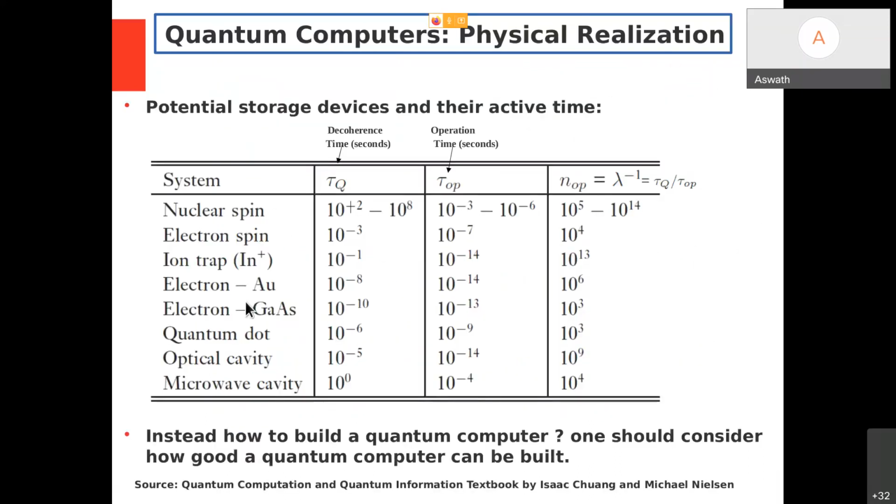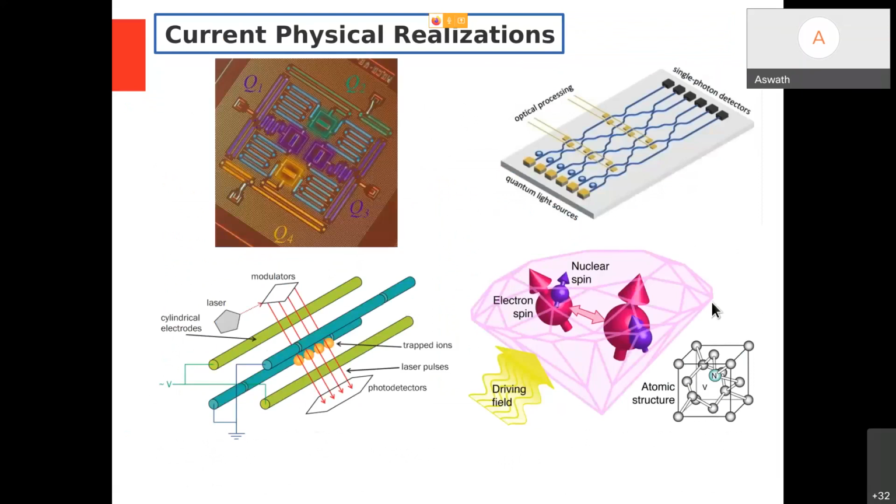I gave you possible hardware realizations, and what are the current physical realizations the community is using? There is something called a transmon, an electronic circuit with inductance and capacitance. A series inductance and capacitance circuit is used to realize a qubit. We will go a little deeper into this.